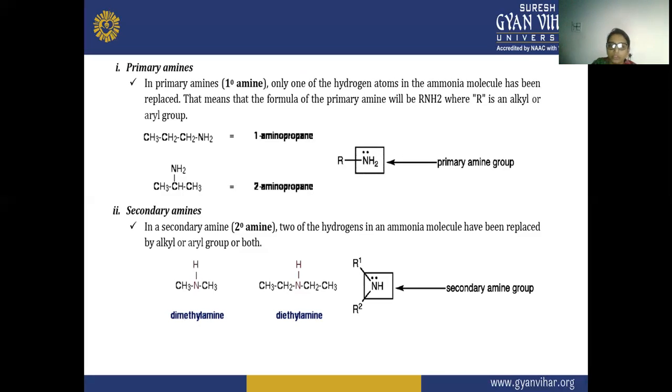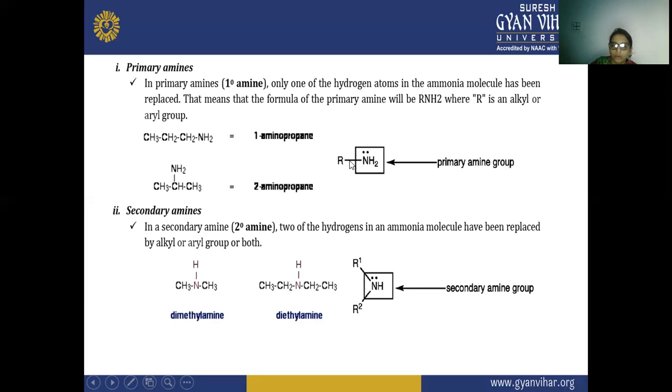So in this primary amine, as you can see, there is the structure of the primary amine group, and in this NH2, a lone pair is shown on the nitrogen, and it has two hydrogen atoms, and one hydrogen atom has been replaced by the alkyl group.